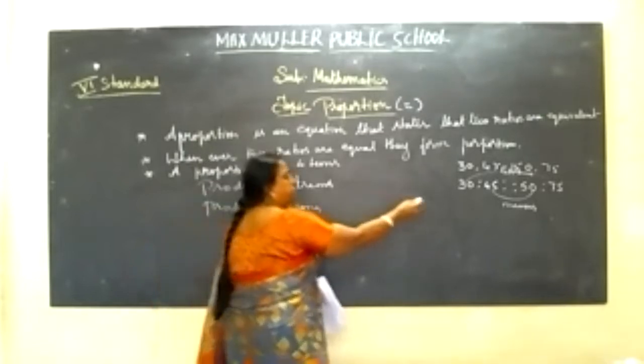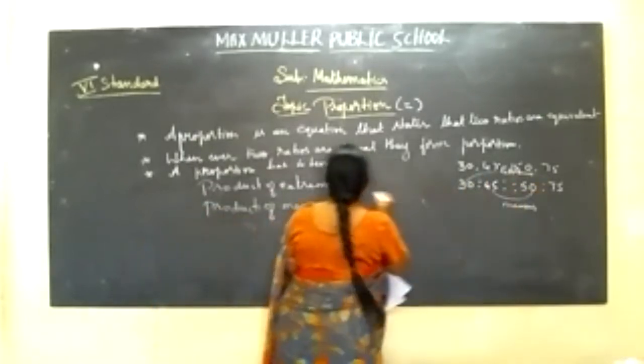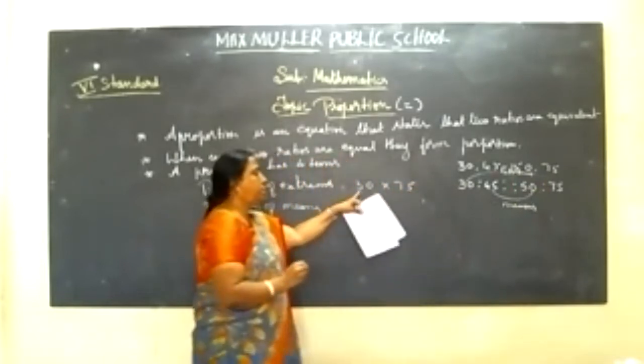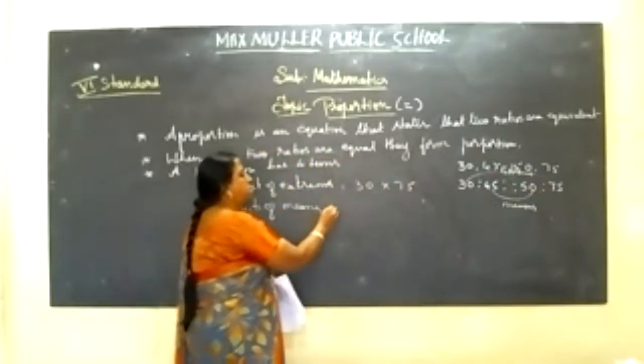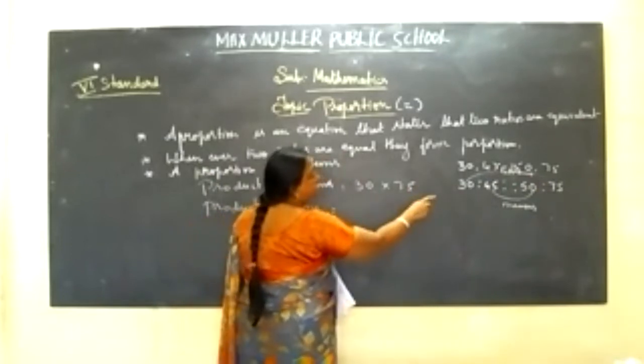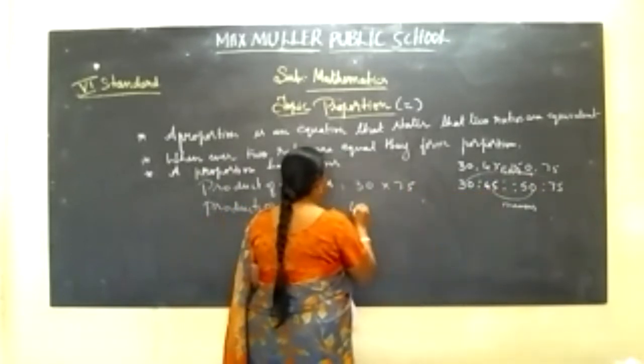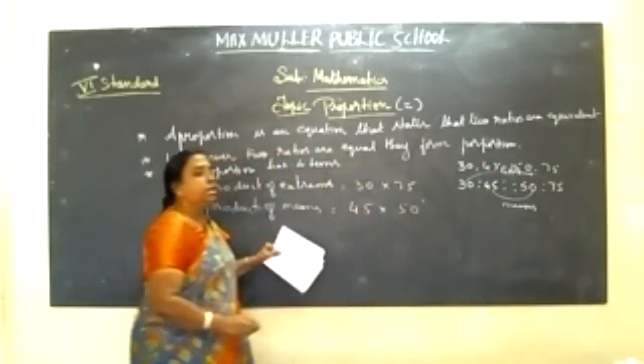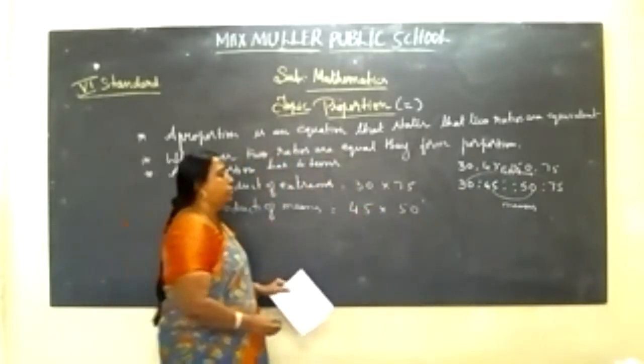So in this question, extremes are 30 into 75. If you multiply these two, then the means are 45 and 50. If you get the same product, then they are in proportion. If you get different products, they are not in proportion.